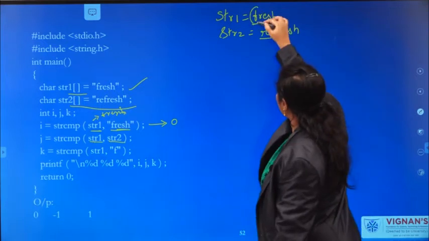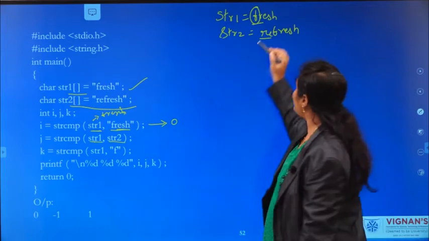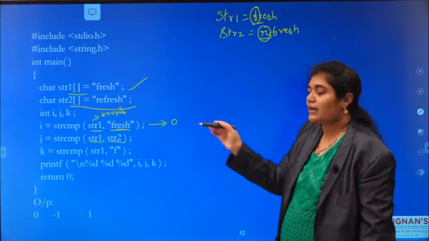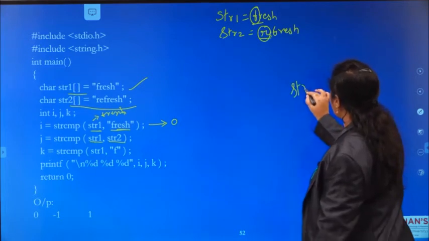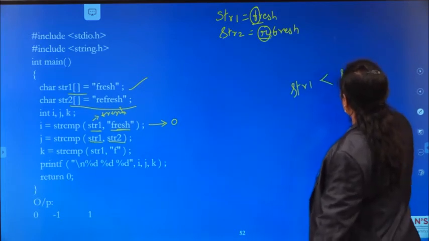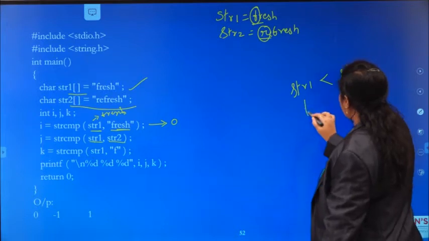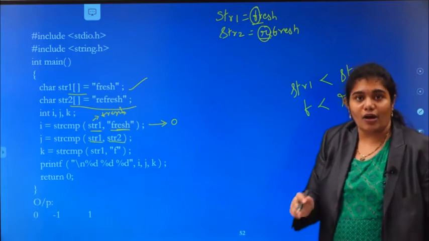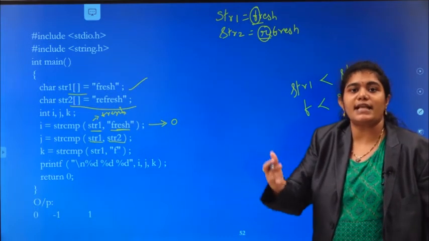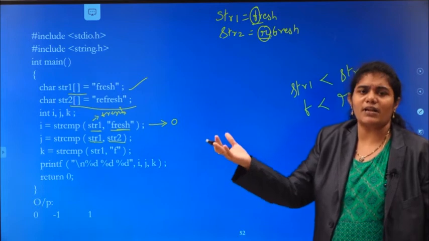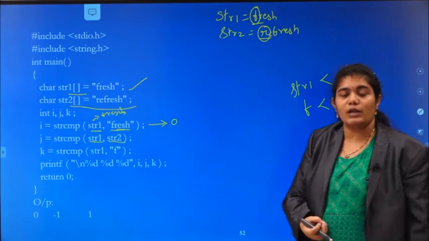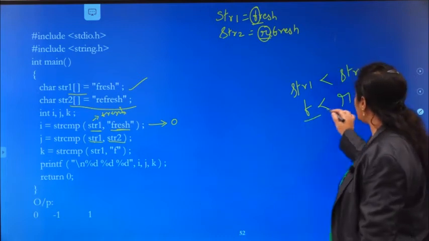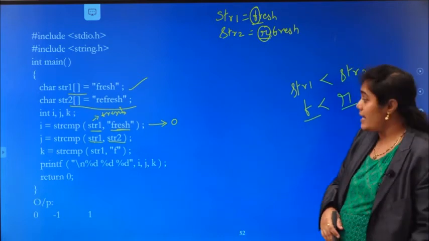The first character in str1 is F and the first character in str2 is R. So it indicates that str1 is less than str2. That means F is less than R. How am I telling that F is less than R? It is nothing but the ASCII value. With the help of the ASCII value, we can identify which value is greater.